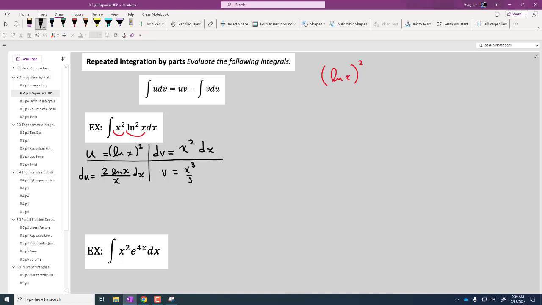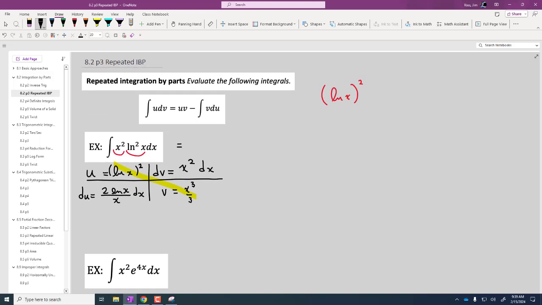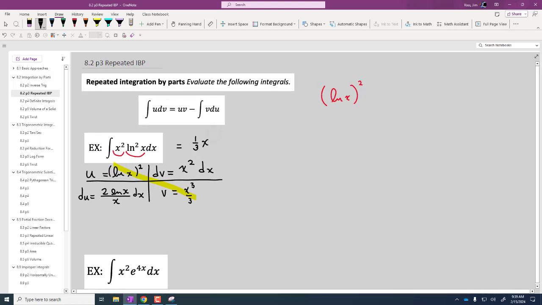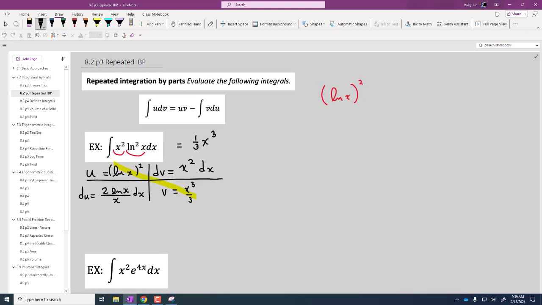So, here we go with our ultraviolet voodoo. Ultraviolet is this main diagonal here, u times v. So u times v is going to be 1/3 x cubed, natural log squared.